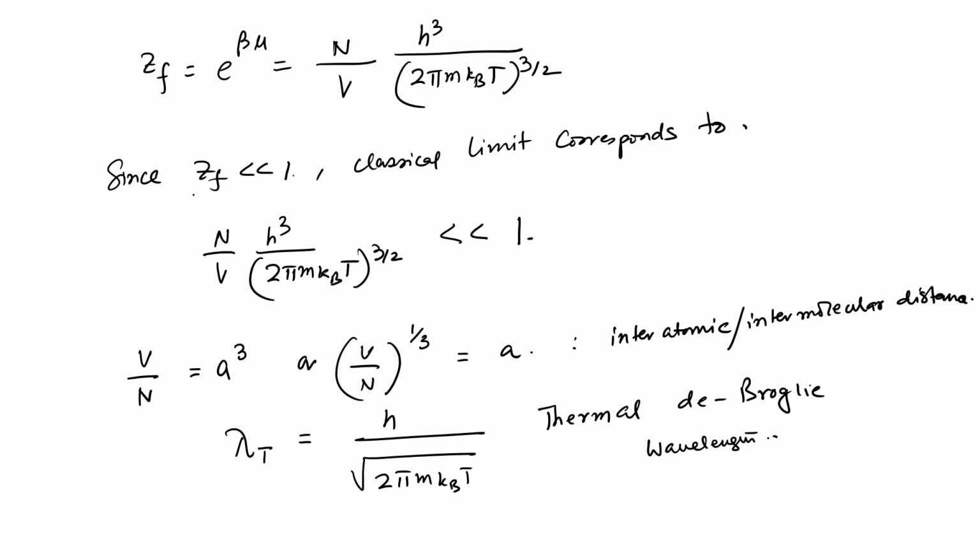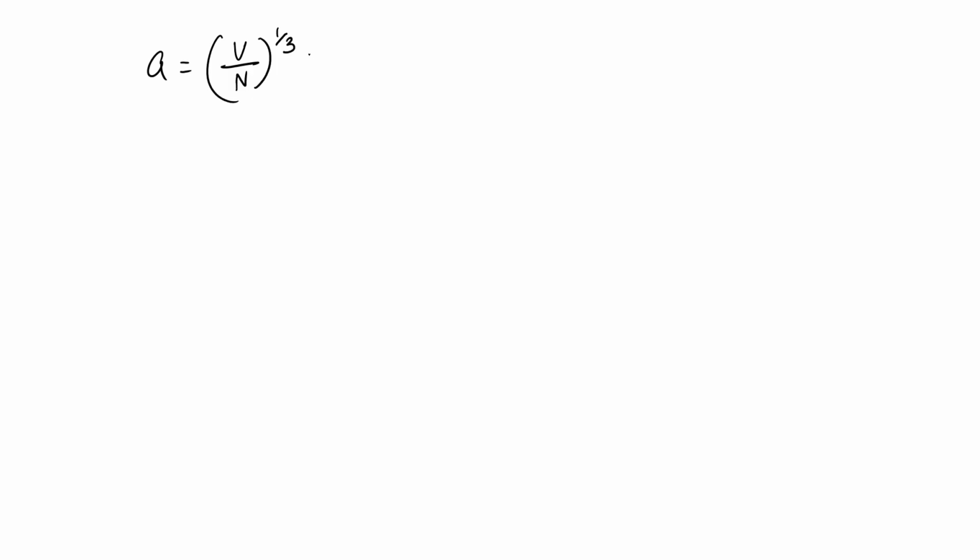If you open up everything, it has the dimension of length or wavelength. So, a, which is V over n whole to the power 1/3, must be much greater than lambda.